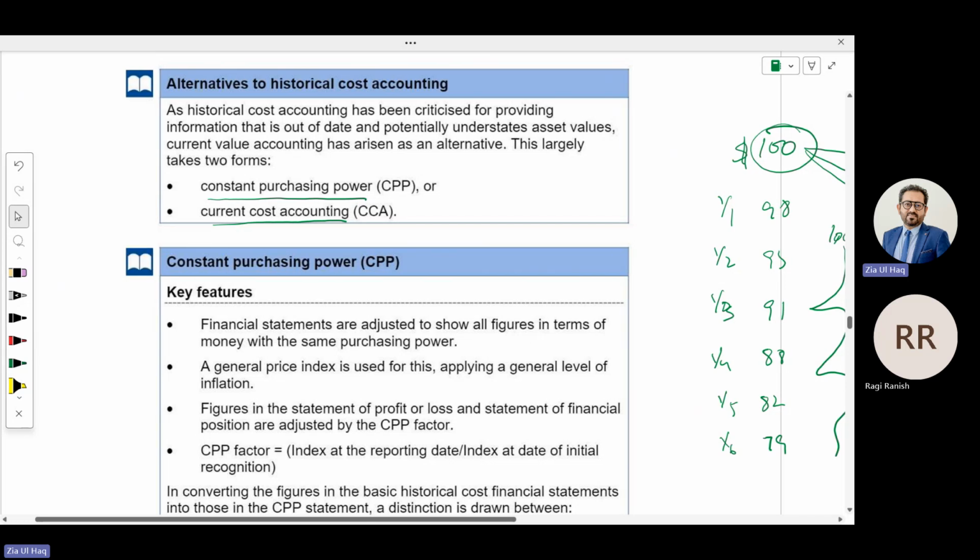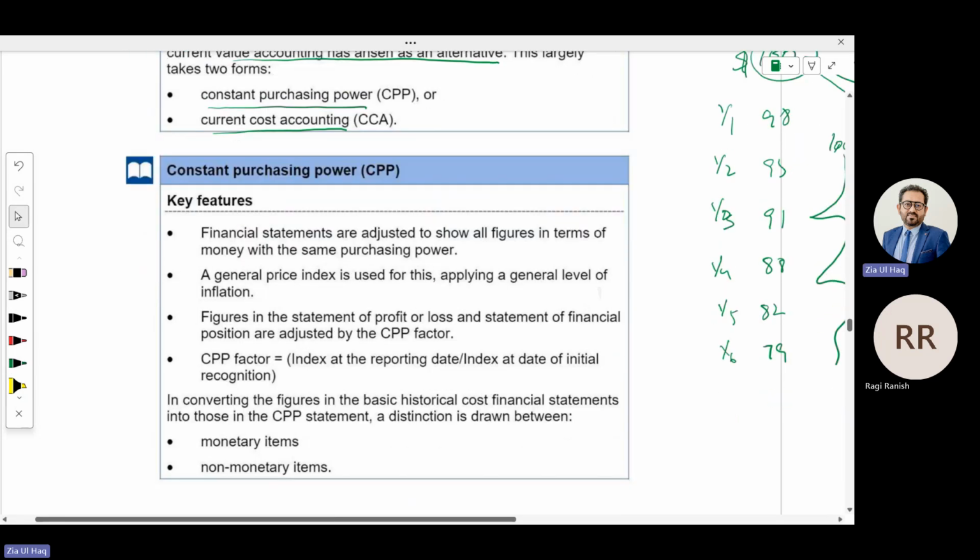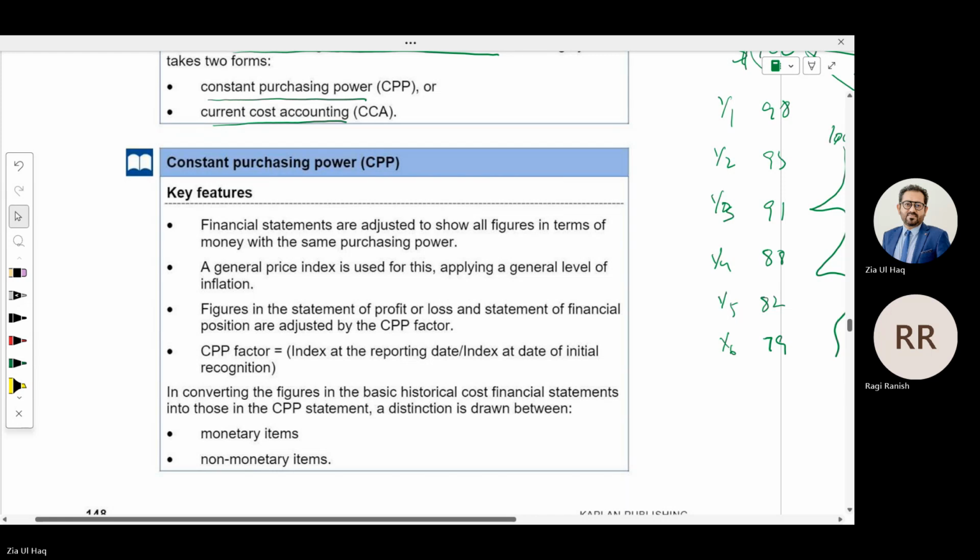Historical cost accounting has been criticized for providing information that is out of date and potentially misstating asset values. Current value accounting has risen as an alternative. This largely takes two forms: constant purchasing power and current cost accounting.